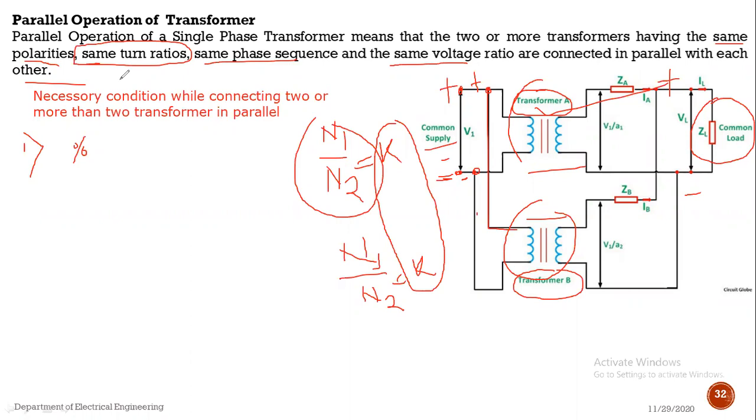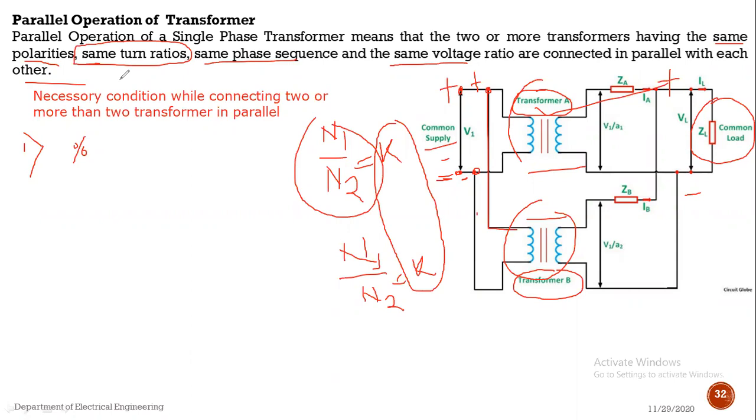So look here, the necessary condition for parallel operation is that the polarity must be the same. If there is unequal polarity or the polarity is changed, then there may be a short circuit and the transformer may be damaged.